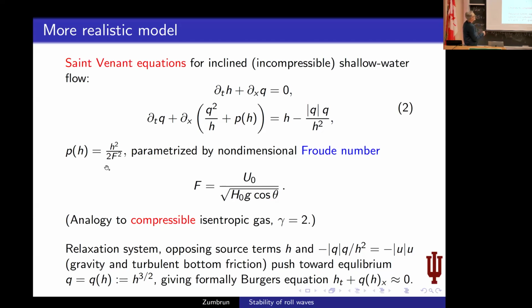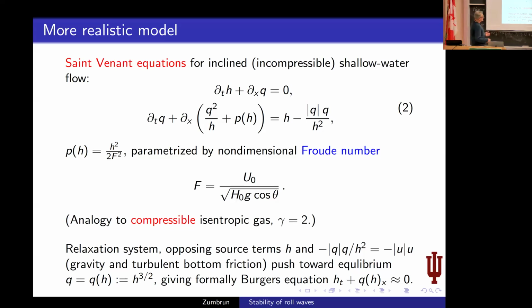There appears here a dimensionless constant called the Froude number, and it directs the behavior of everything. It's like a Reynolds number, sort of. It's a typical velocity over a typical height times gravitational constant times cosine of theta. Theta is the angle of inclination of the ramp, and you could just think that F gets large as the velocity gets large or the incline gets large.